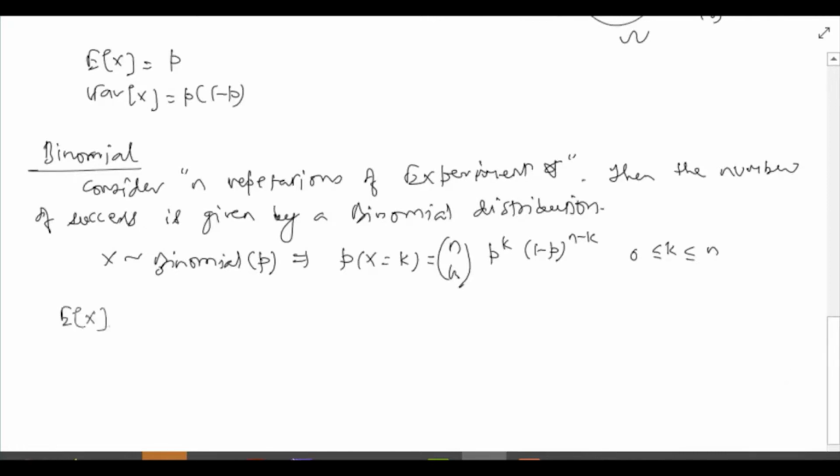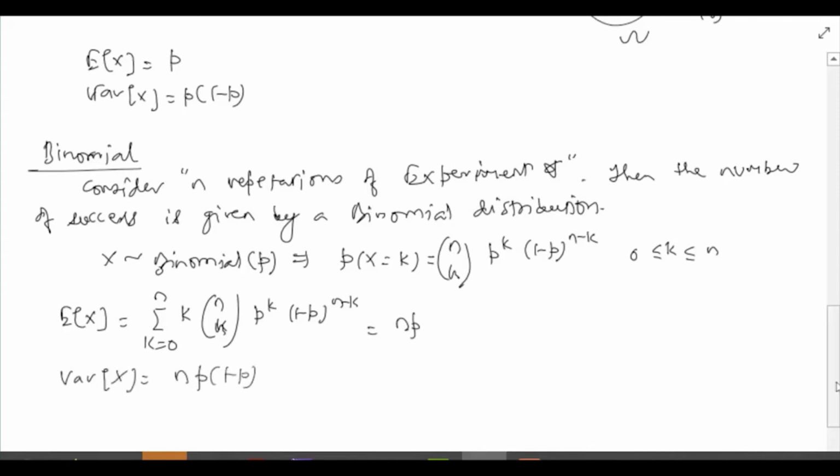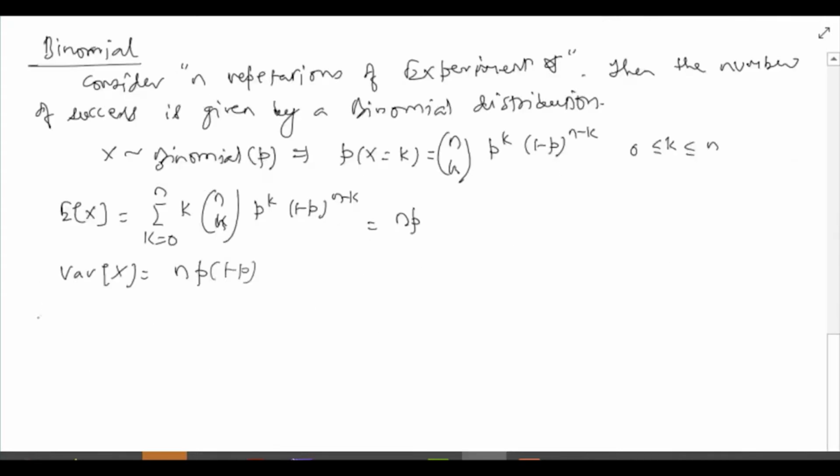To compute the mean of this random variable, let us observe that expected value of X will be the sum over k equals 0 to n of k times n choose k, p raised to k, 1 minus p raised to n minus k. It can be easily seen that this summation is n times p. Similarly, variance of X can be seen to be equal to np times 1 minus p. Let's consider an example.